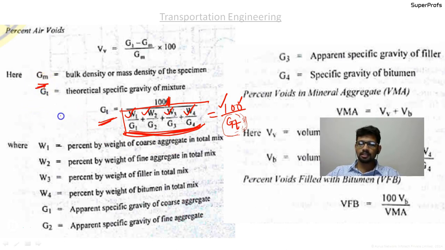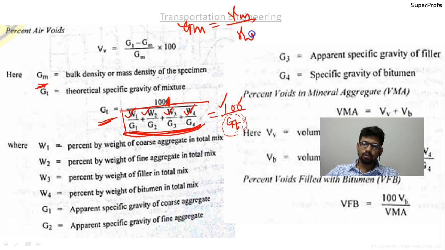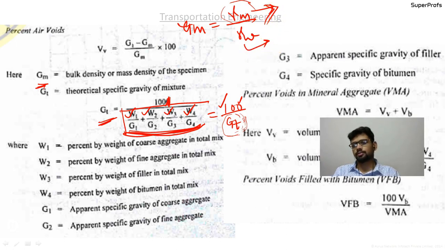GM is the measured specific gravity, and that can be measured in this way: GM will be given as gamma m upon gamma w, where gamma m is the bulk density or mass density of the specimen, or you say the unit weight of the specimen, and gamma w is the unit weight of water.